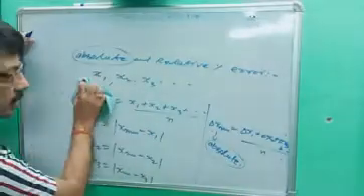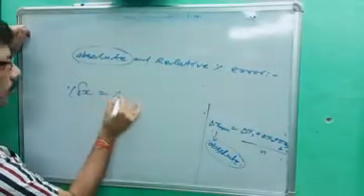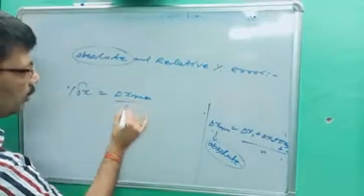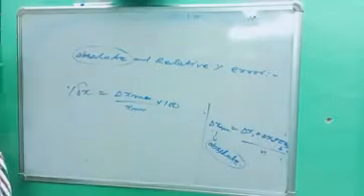Now when you have found the absolute error, go to the relative error, and this is very easy. Relative error is represented by delta x percentage, which is equal to del x mean divided by x mean, multiplied by 100. Note down the formula.